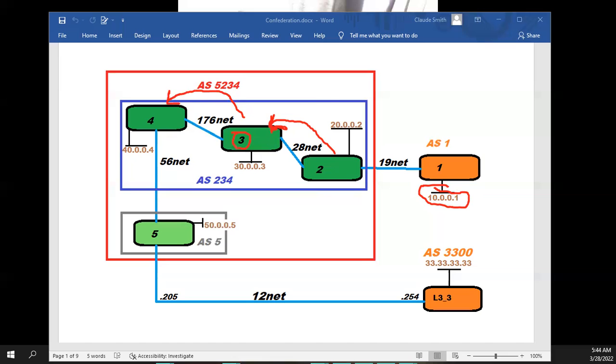That's not going to happen because the designers basically did this to prevent any loops from happening. The rule is, if an iBGP speaker learns of routes, prefixes, and all the other good information from another internal speaker, it cannot forward it to another internal speaker that it's connected to.